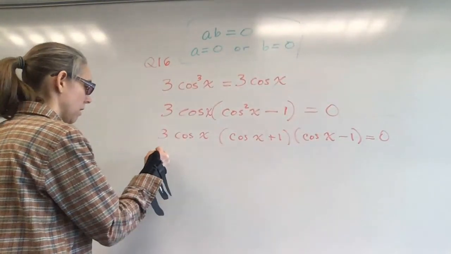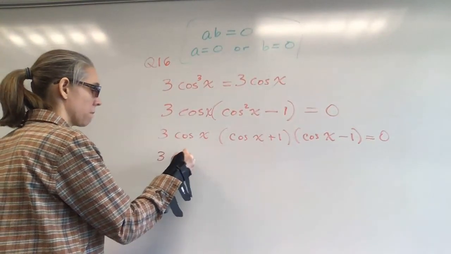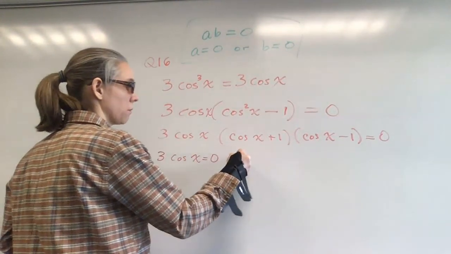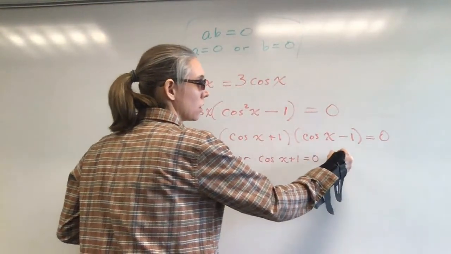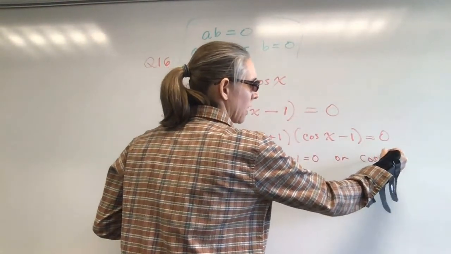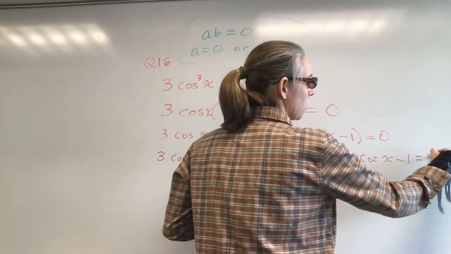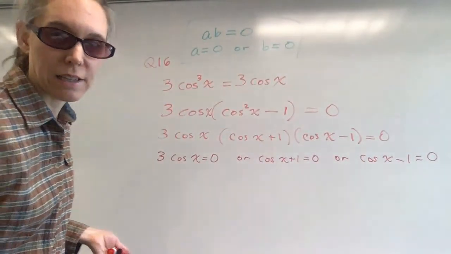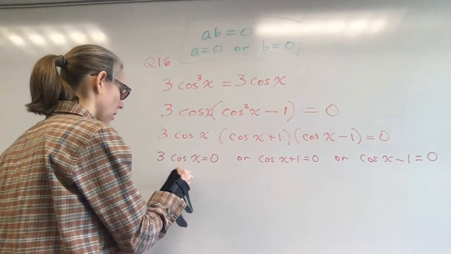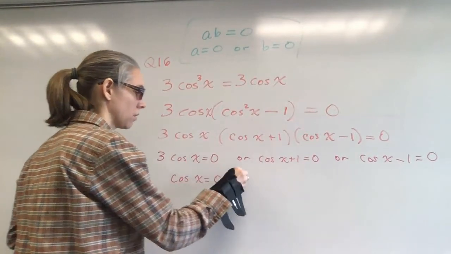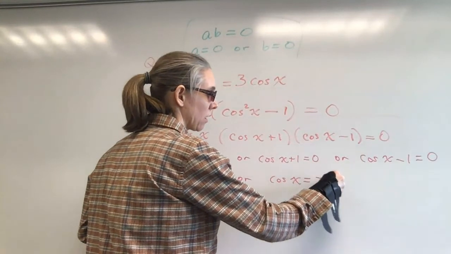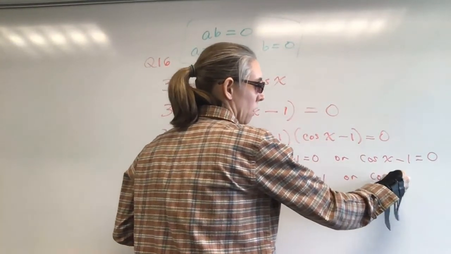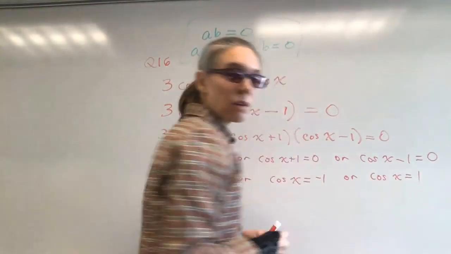So I have that 3 cos x is equal to 0, or cos x plus 1 is equal to 0, or cos x minus 1 is equal to 0, and then I want to isolate each of these trig functions. Cosine of x is equal to 0, or cosine of x is equal to negative 1, or cosine of x is equal to positive 1, and then you draw your circle.